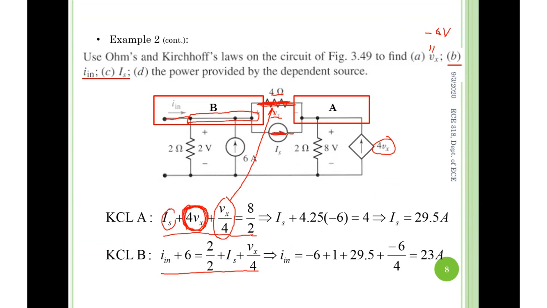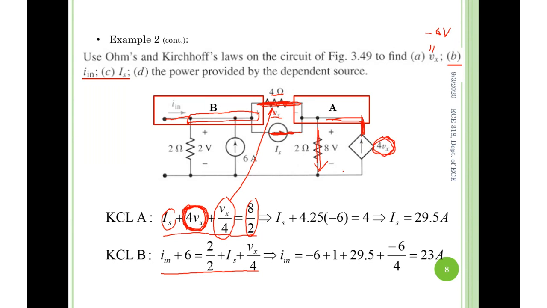Current here, 8 divided by 2, we also know this is Ohm's law, downwards. 4Vx is the current of this branch. Okay, 1, 2, 3, 4. 4 branches, 4 currents. And the current here is determined by this current source. This is a voltage-dependent current source, right? It's telling you the current value, which is 4Vx.